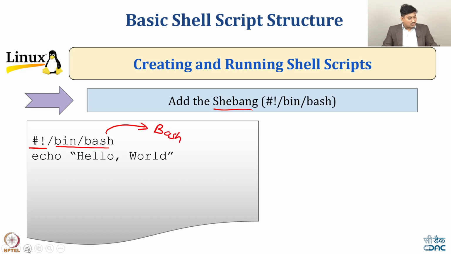If one wants to use another shell, like if you want to use the csh shell, then one can replace that with hash exclamation mark slash bin slash csh, something like that.